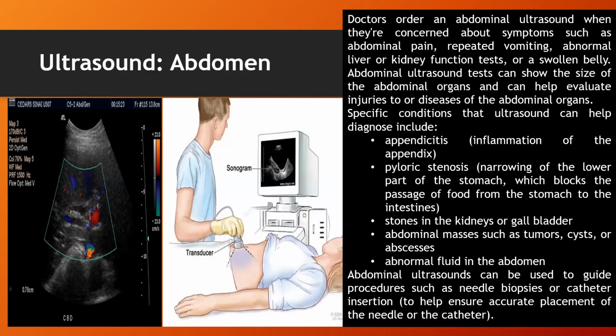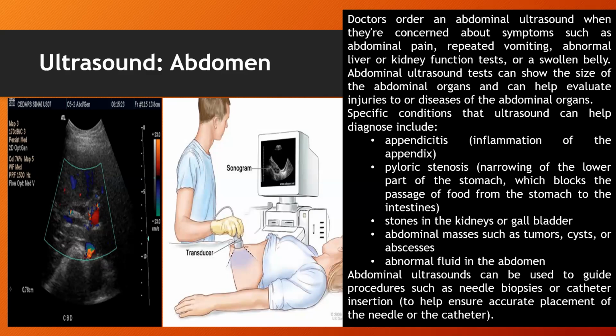Next, ultrasound. Doctors order an abdominal ultrasound when they are concerned about symptoms such as abdominal pain, repeated vomiting, abnormal liver or kidney function tests, or a swollen belly. Abdominal ultrasound can show the size of the abdominal organs and can help evaluate injuries to or diseases of the abdominal organs.